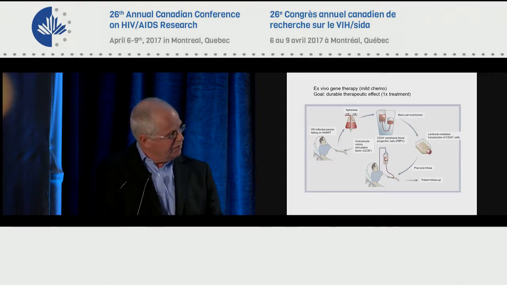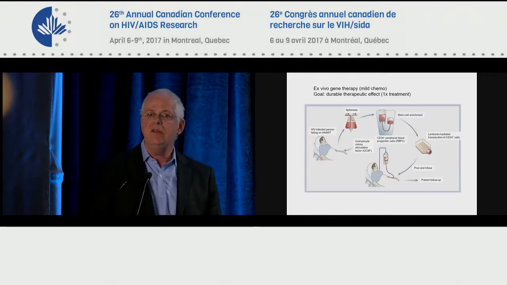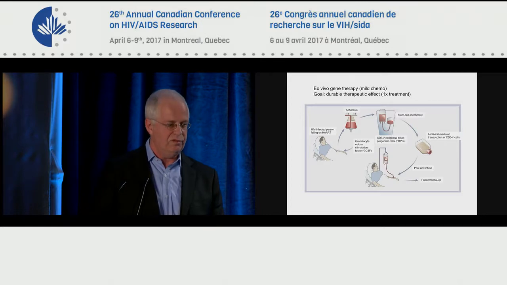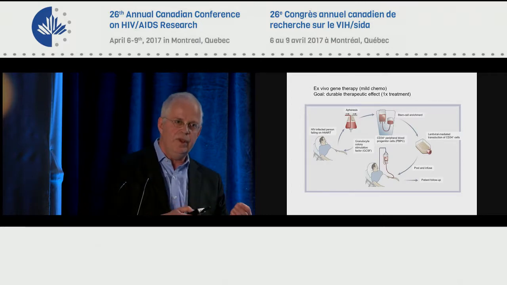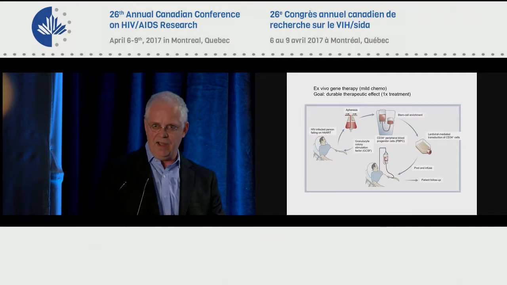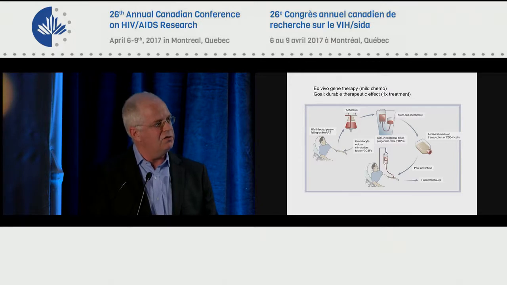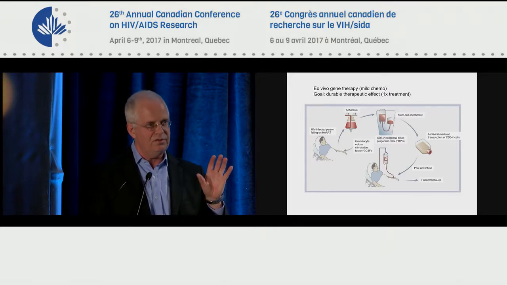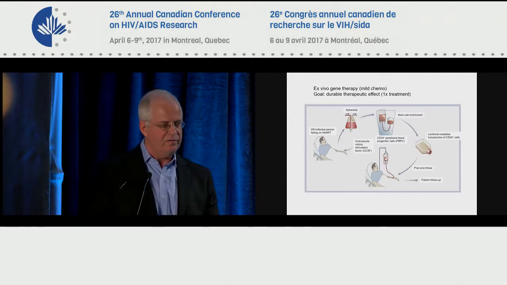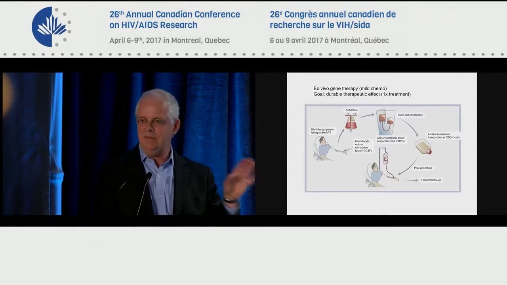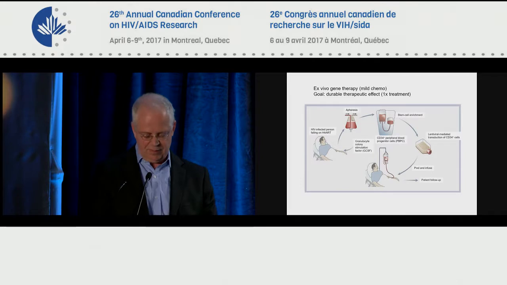Then from the periphery, we will collect the stem cells, the CD34 positive cells. They will be transduced with the lentiviral vector ex vivo, in the test tube. And then the next day, these cells can be reinfused back into the same patient. The modified cells should preferentially survive from that point on. And again, if this is going to work, it will be a one-time treatment.